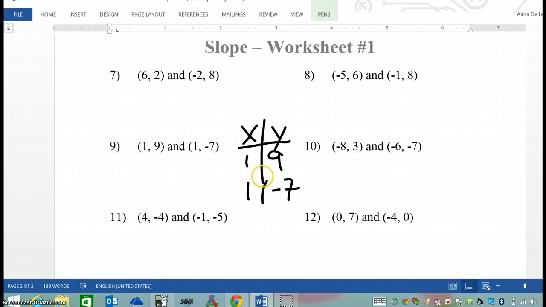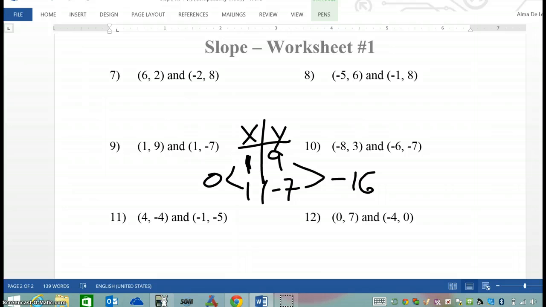So I'm going to begin by looking at the change in y over the change in x. So to go from 1 to 1, I have to add 0 or subtract 0. To go from 9 to -7, I'm going to subtract. And in this case, I'm going to have to subtract 16. 9 minus 16 gives me -7.